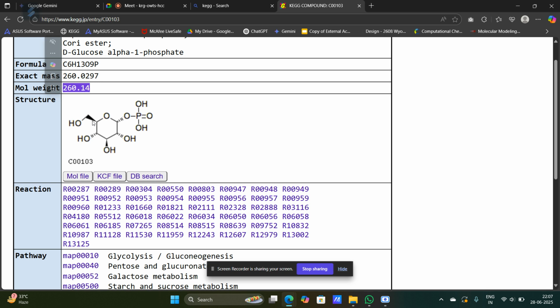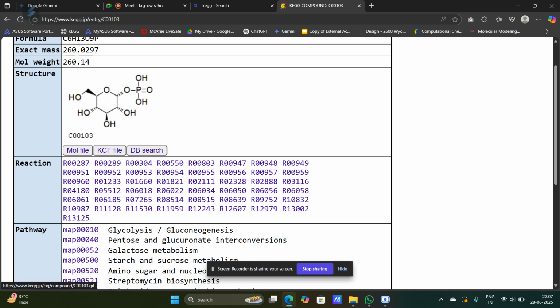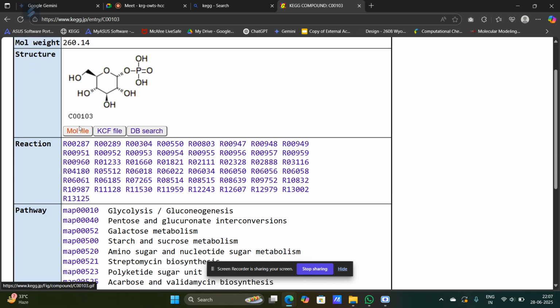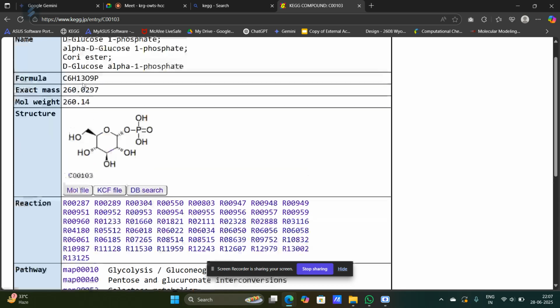So you just take the average of the molecular weights of the different isotopes of the same compound, and that is going to be the molecular weight. And again, you have the structure here. This is the chemical structure. And do you guys remember in SwissADME, there was an option to draw the structure of the chemical compound? Am I correct? Yeah.